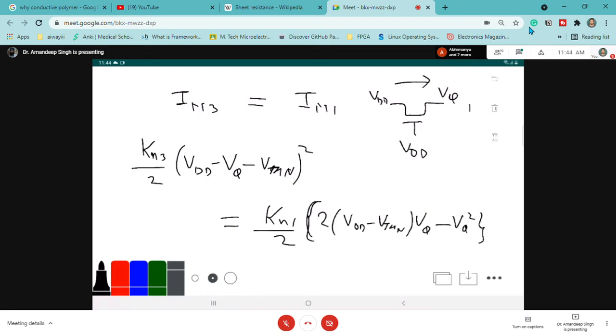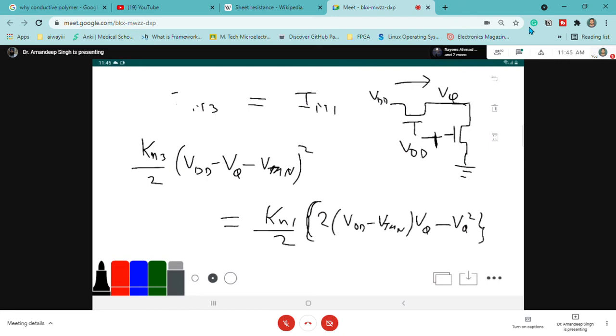If you look at this, this is connected with 1, that is VDD, this is connected with ground, and this is basically VQ. So for this, VG is this one, that is VDD, the drain voltage is VQ, and the threshold I am writing like this.